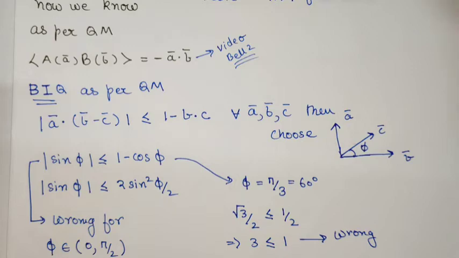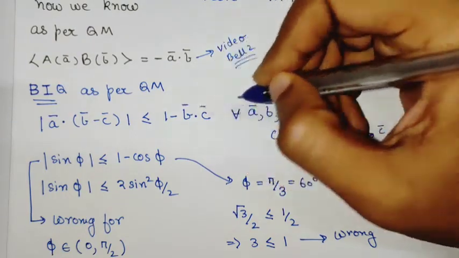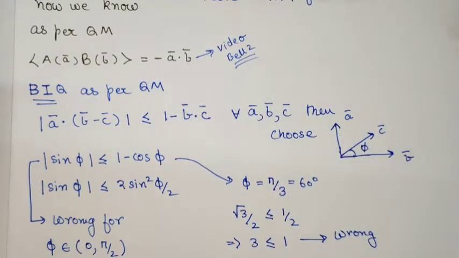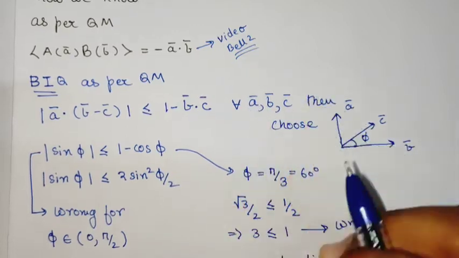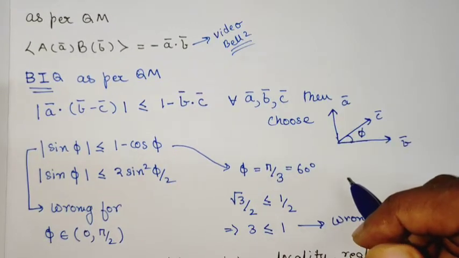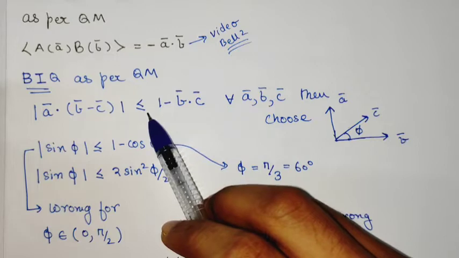and this inequality is now in the vector form, where these A, B, C are the axes of this Stern-Gerlach measurement, and this axis can be chosen to be anything. In particular, it must be true for any kind of ABC axis we choose, as per the inequality, if it holds or not.